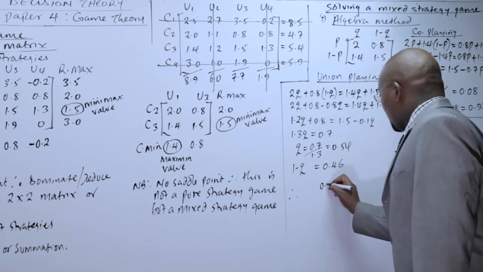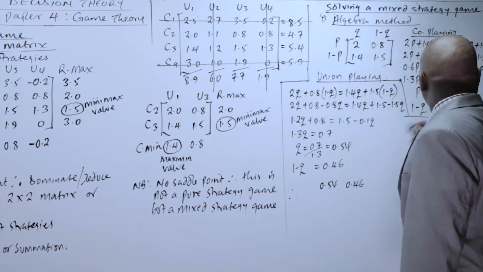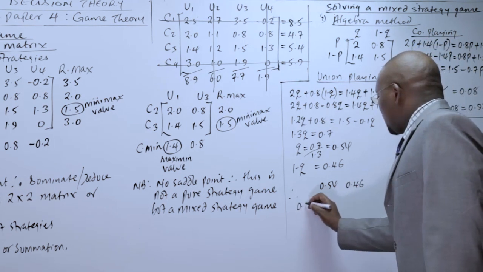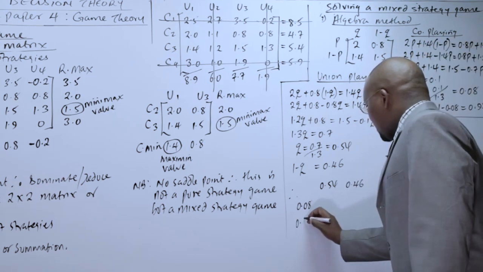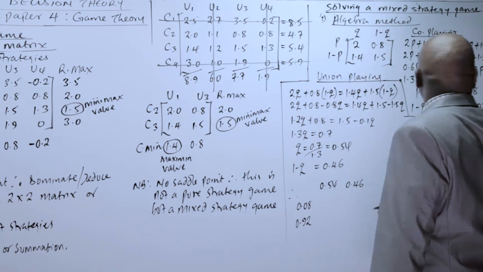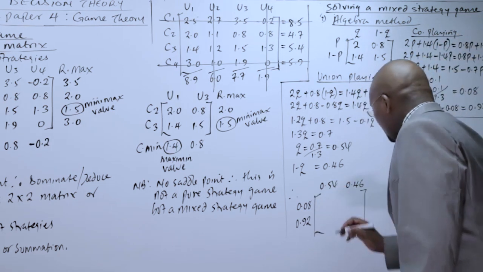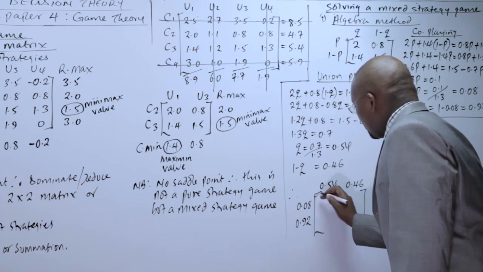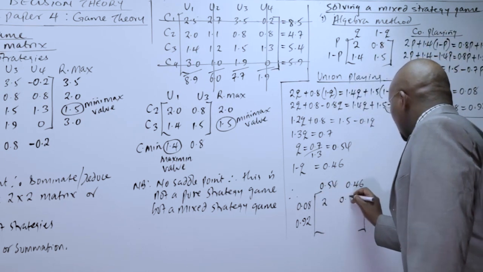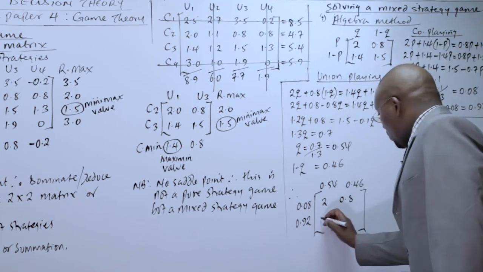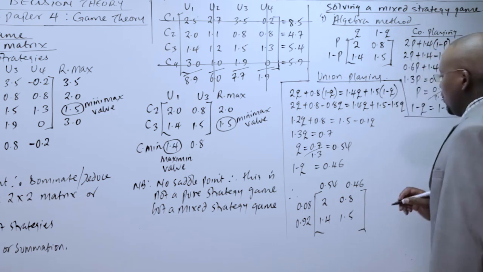To make a conclusion, q is 0.54 and 1 minus q is 0.46, while p is 0.08 and 1 minus p is 0.92. So we have the payoffs 2, 0.8, 1.4 and 1.5.